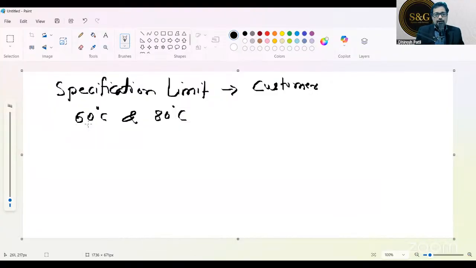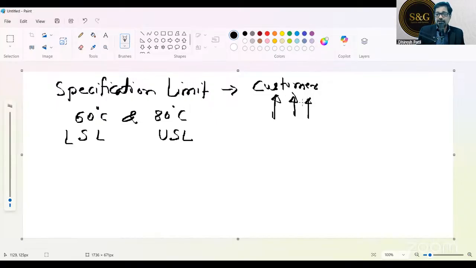So 60 degree becomes lower specification limit. Specification limit, not control limit. And 80 degree becomes upper specification limit. And who decides it? Customer decides it.